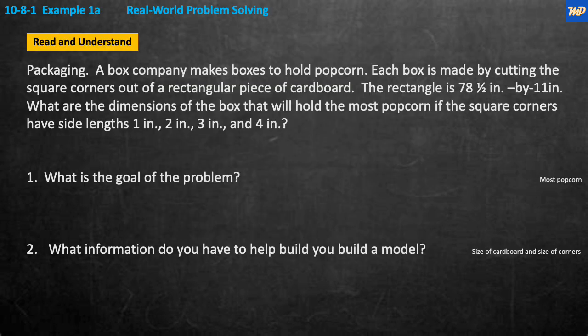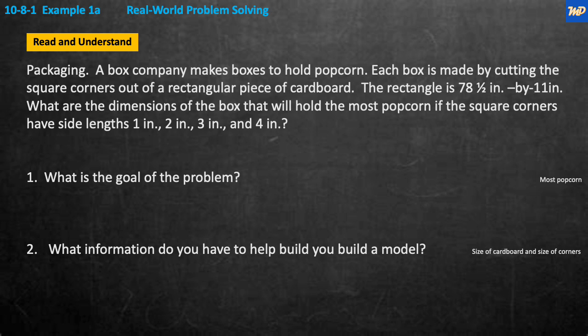So example 1A, real-world problem solving. Read and understand. This is our typical three-step solution that we've seen many times throughout this review series. Step 1. Packaging. A box company makes boxes to hold popcorn. Each box is made by cutting the square corners out of a rectangular piece of cardboard.